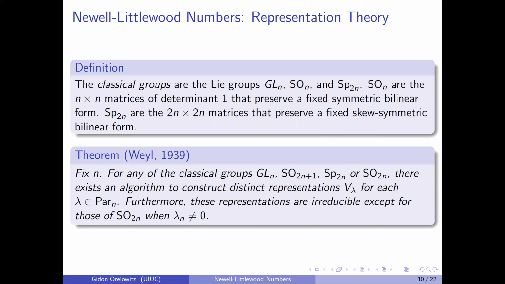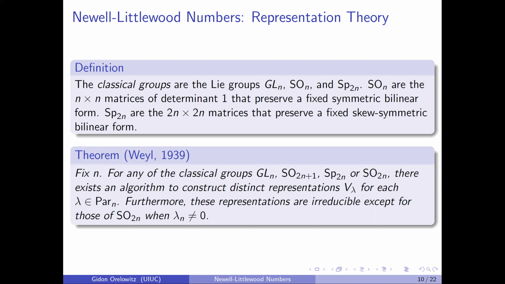And in Weyl's 1939 book, The Classical Groups, he came up with the so-called Weyl construction, which is an algorithm that for any partition of size n will give you a representation for either GL_n, SO_{2n+1}, Sp_{2n}, or SO_{2n}. Types A, B, C, and D, if you want to think of it like that.